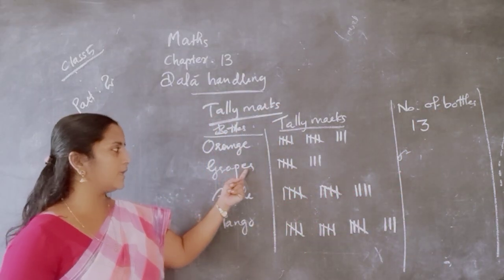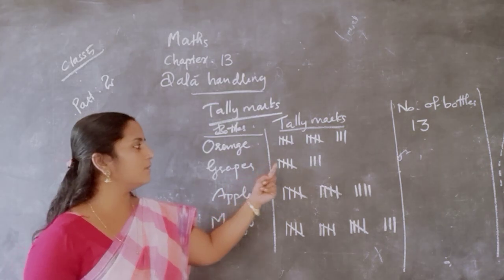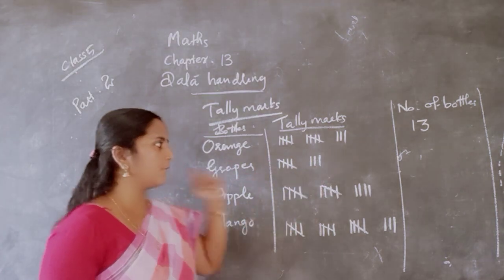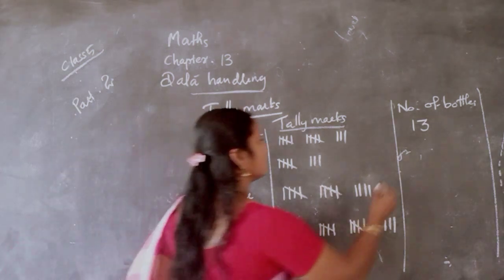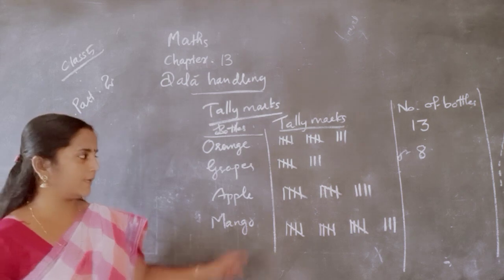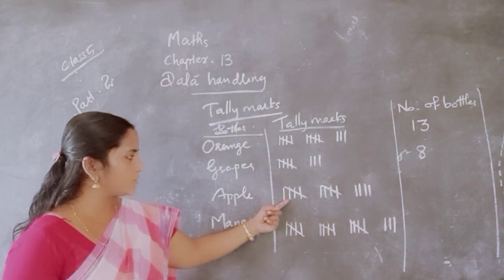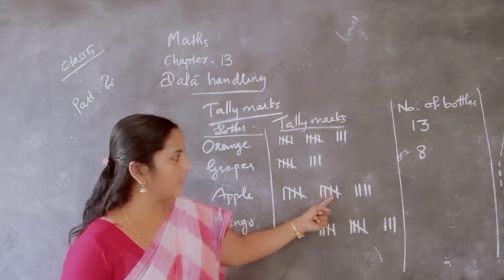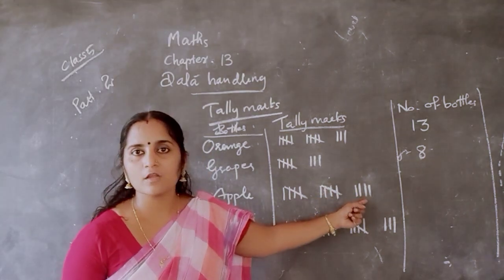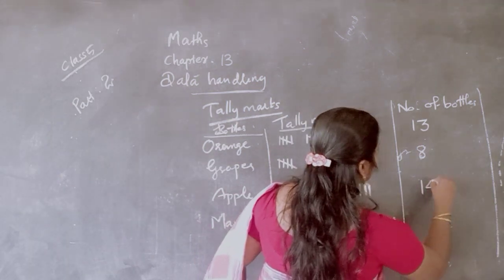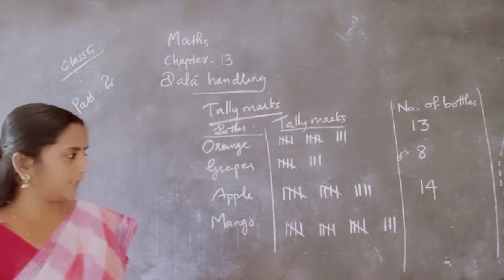Okay. Then next one is how many grape juice bottles are there? 5 plus 3. 5 plus 3 is 8. Then apple juice bottles: 5 plus 5, 10 plus 4, 14. So here we write 14.